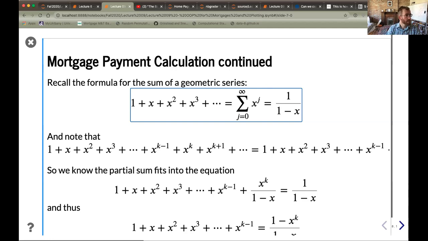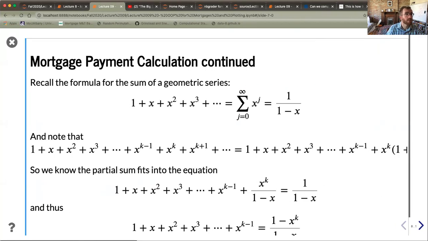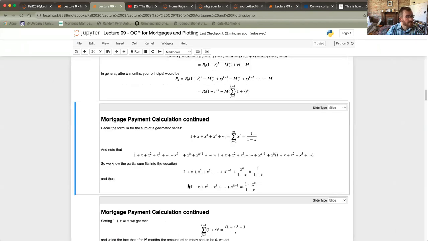All right, so let's go ahead and leverage this formula to come up with a formula for a geometric progression where we sum 1 plus x plus x squared, but we stop at x to the k. What does that equal to? Well, let's figure it out. So I'm going to have to pop out of my slides temporarily, just because this expression stretches so far.